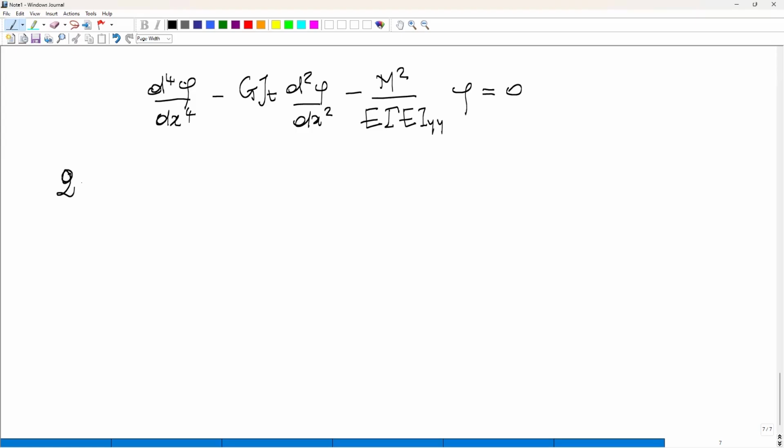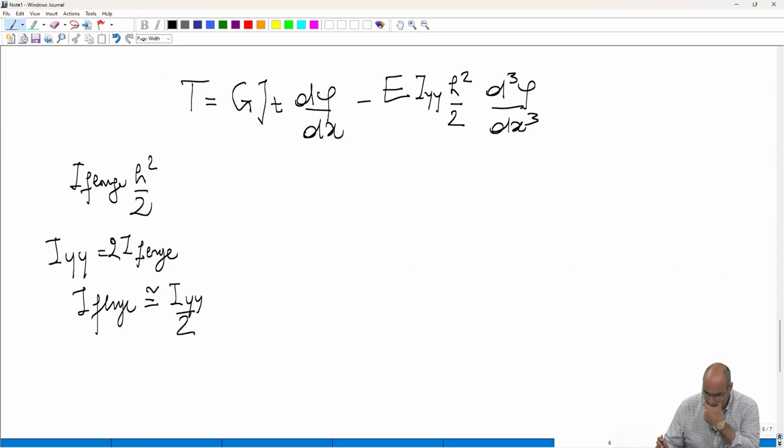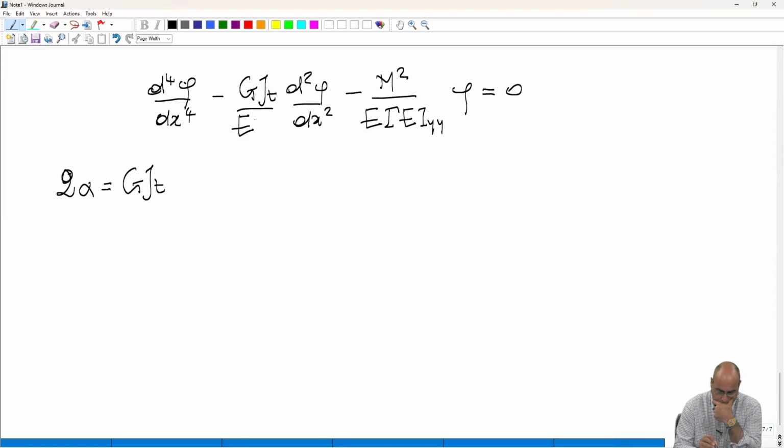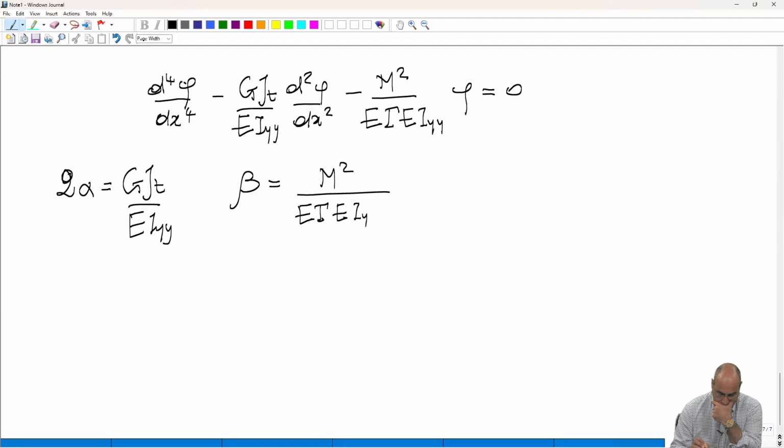Now let us make this position here. 2 alpha equal to GJt divided by e gamma, and beta is equal to this. Is that correct or not?